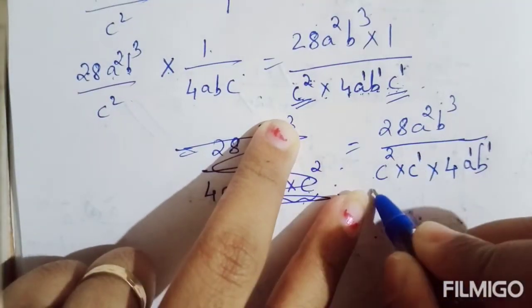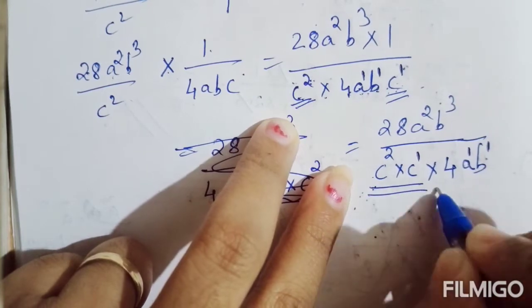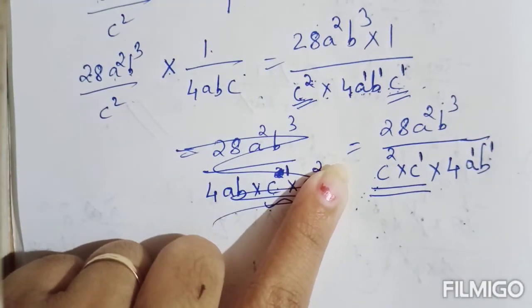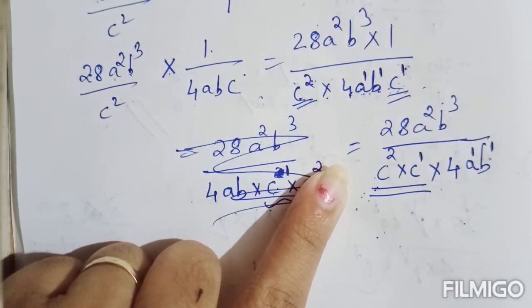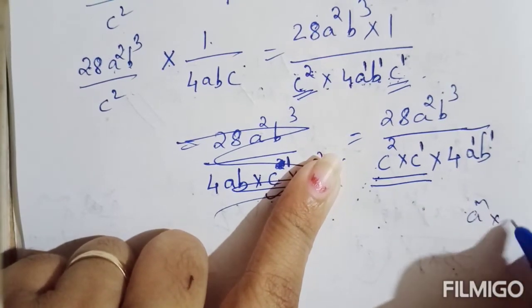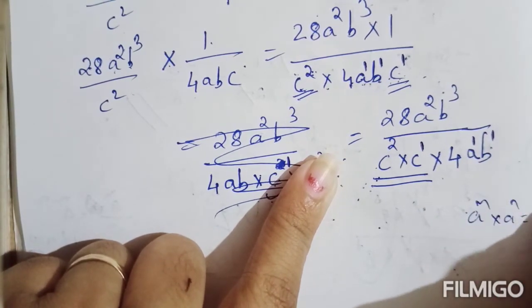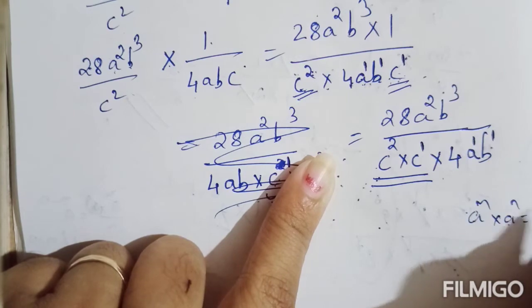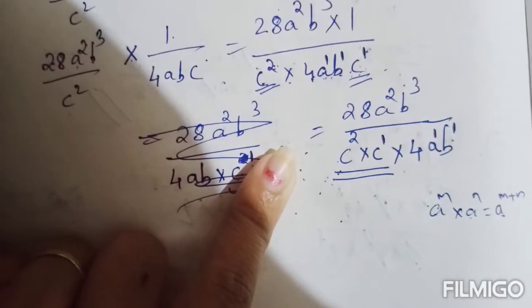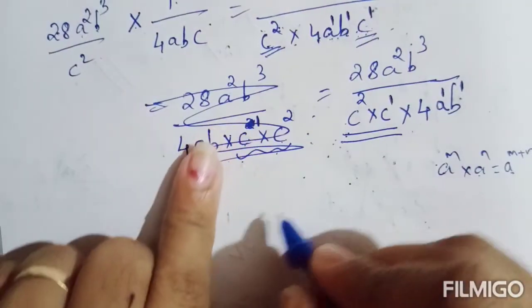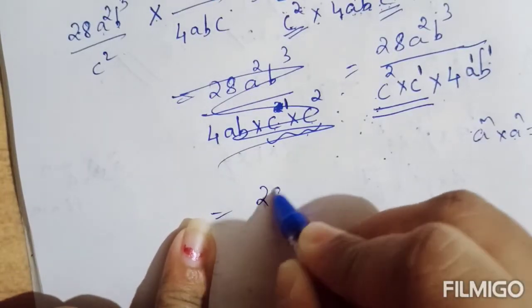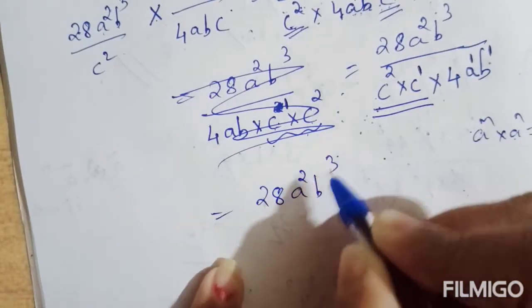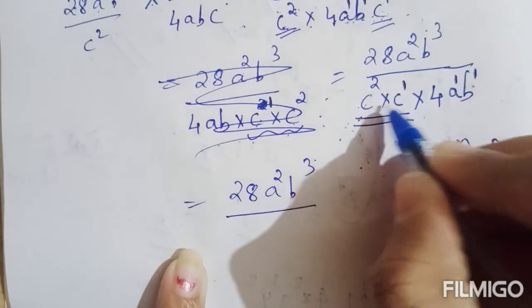Now here you can use one law. Exponents having the same base, if you want to multiply, you can use the product law: a raised to m into a raised to n equal to a raised to m plus n. With the same base, you can add the powers. That is the product law. So which is equal to 28a square b cube by c square into c raised to 1.